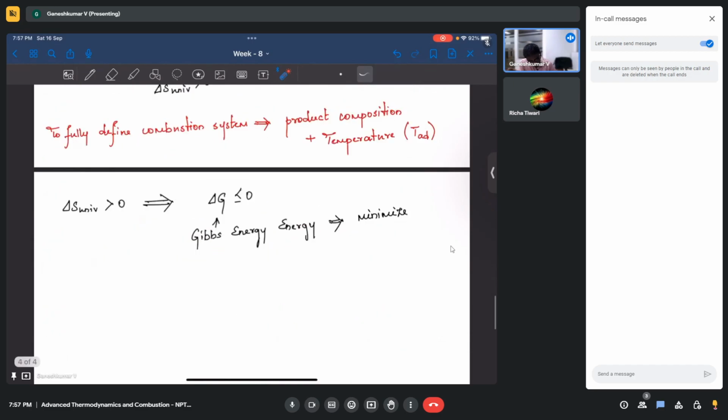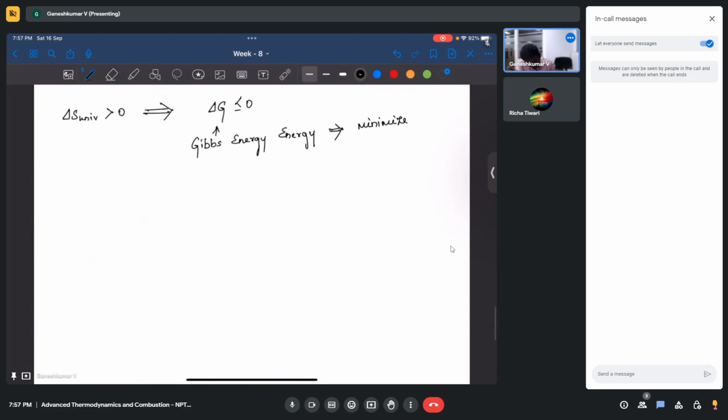So in addition, you need to consider, let's say, dissociation. If we consider H2O dissociation, what happens? H2O can dissociate, it can go either side and become H and OH.